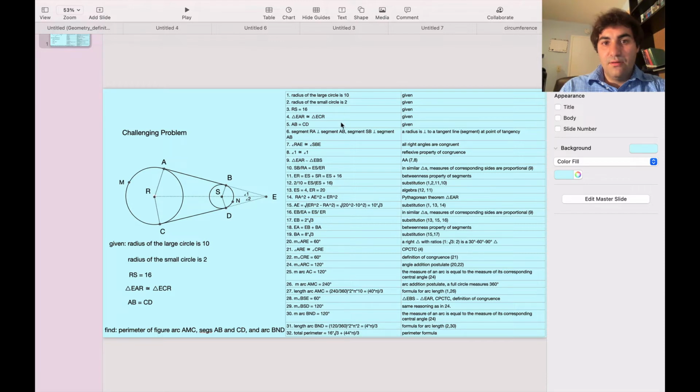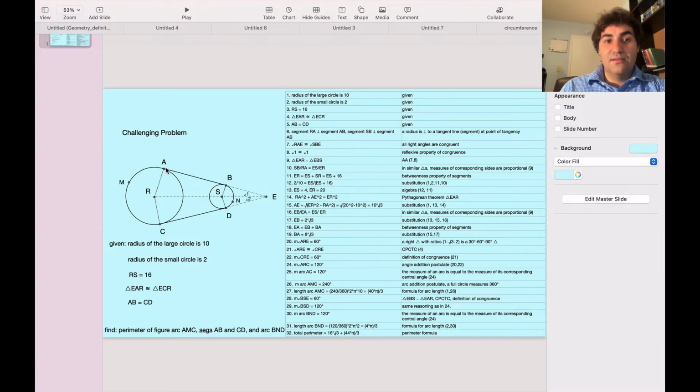We write down what we know, and we know that segment RA is perpendicular to segment AB, and segment SB is perpendicular to segment AB. Why? Because segment RA and segment SB are radii, and radii are perpendicular to tangent segments.